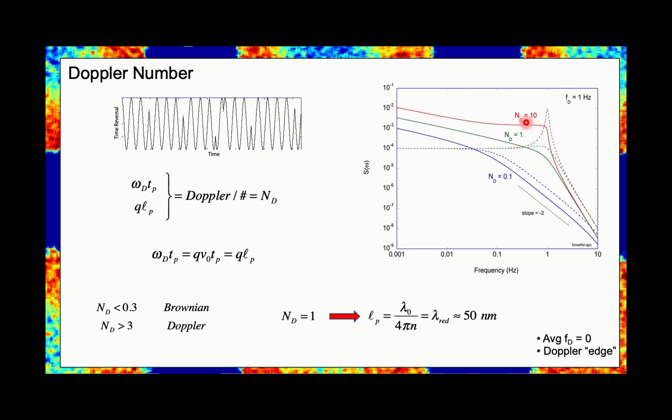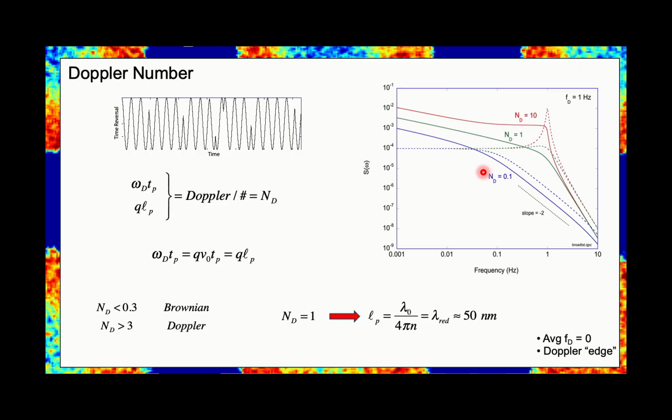And so here at a Doppler number of 10, you have a Doppler edge. For a Doppler number of 1, you get this knee, and then for 0.1, you get this strong diffusive structure, and that would be the typical dynamic light scattering signature that people see with thermal Brownian motion.